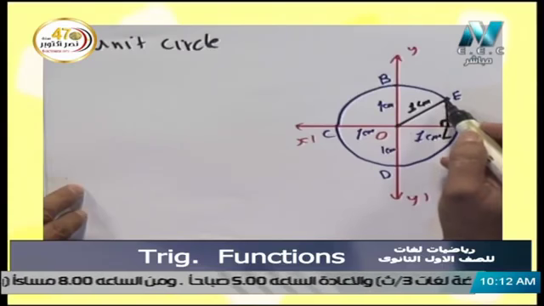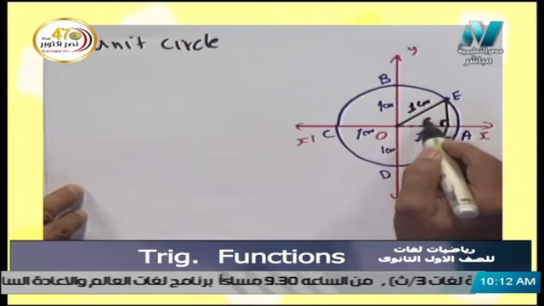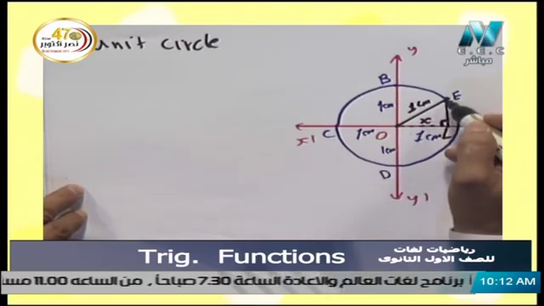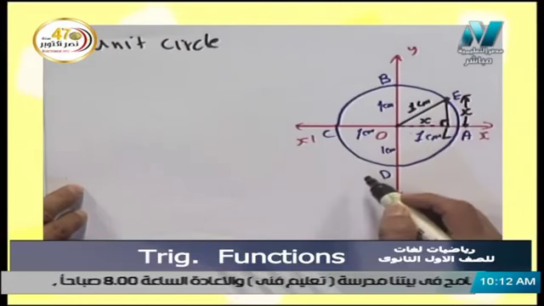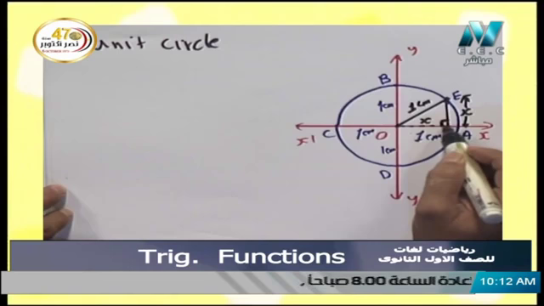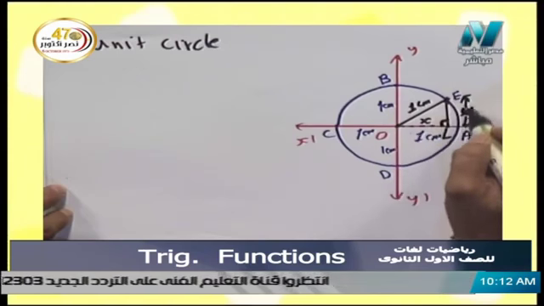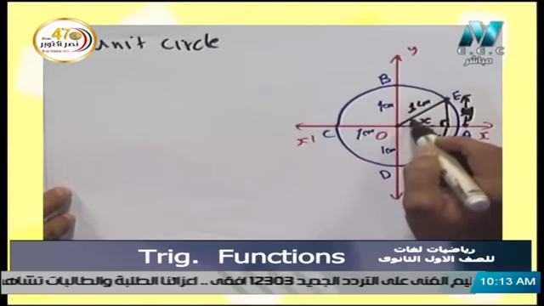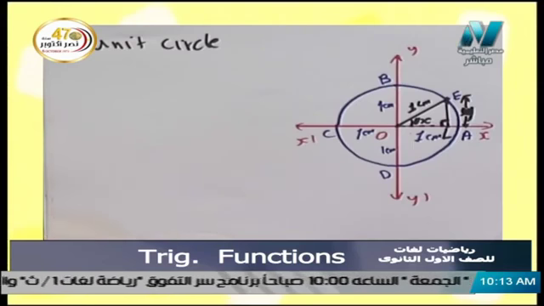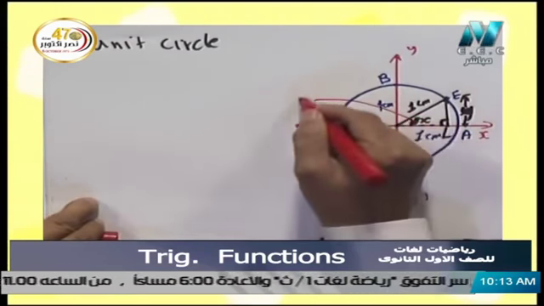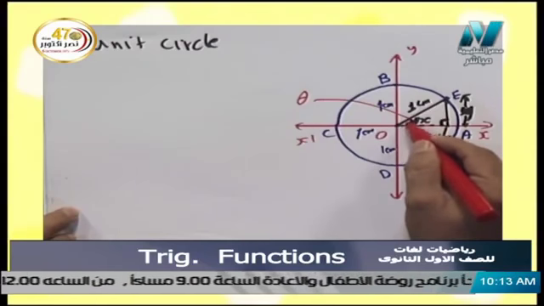In the right angle triangle OEL, let's call this part, which is OL, X. And let's call EL Y. So we have two sides: the side OL is of length X, and the side EL is Y. Let's call this angle theta, and we'll try to find the trig functions for the angle theta here.